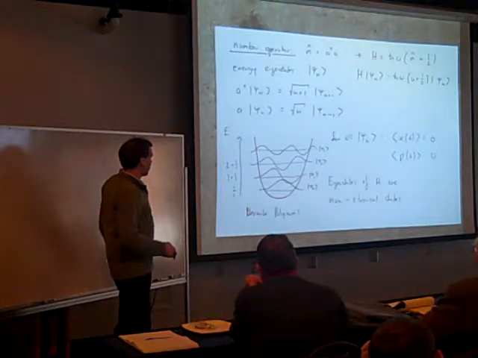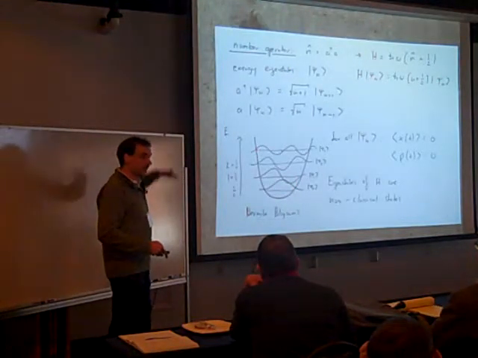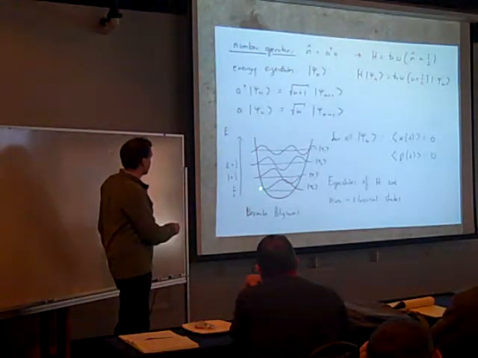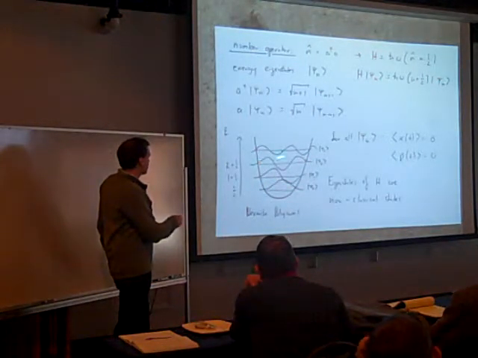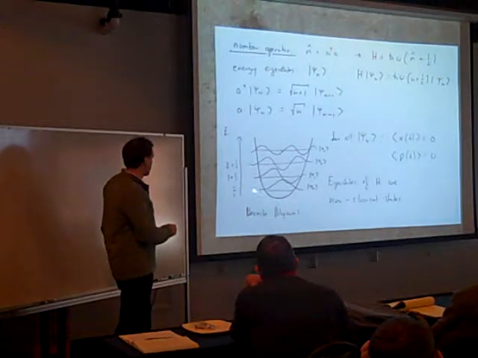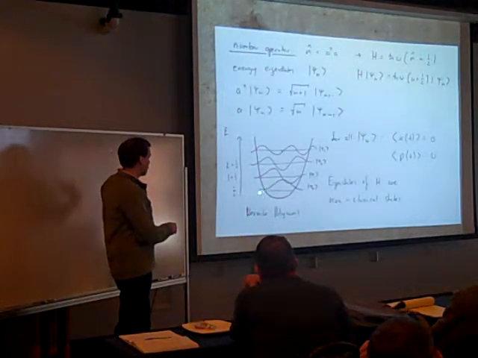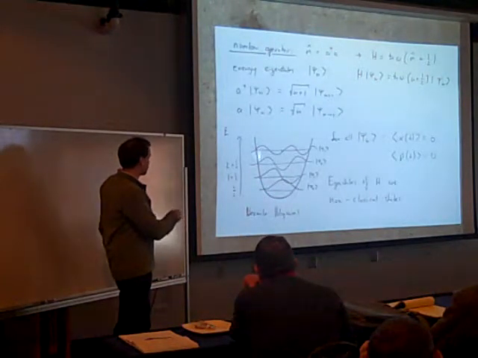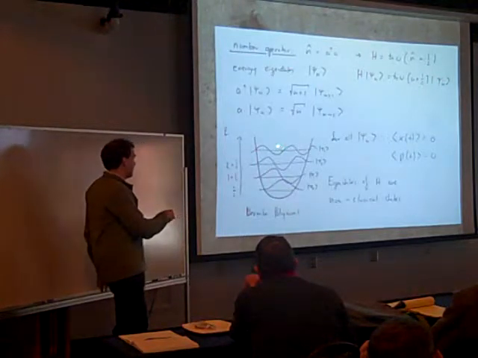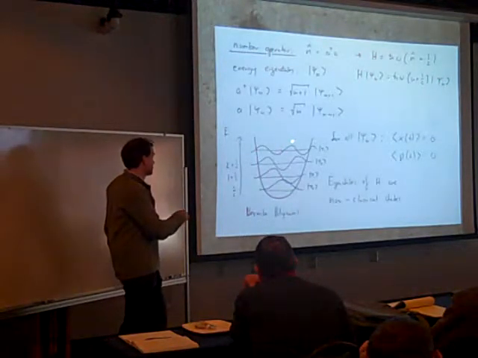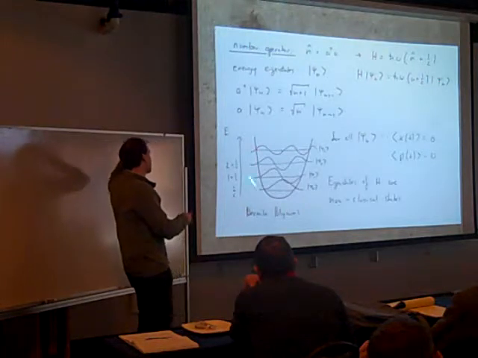The harmonic oscillator has a discrete energy spectrum, and this is just n. For n equal 0, you get the ground state, and n equal 1, n equal 2, n equal 3, and so on. If you are in a harmonic oscillator, this has to be Gaussian, so these are the Hermite polynomials here.